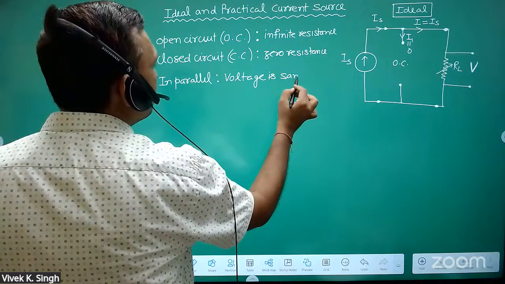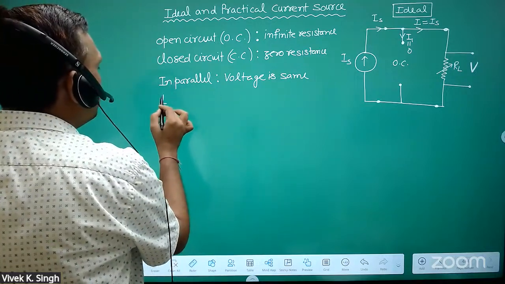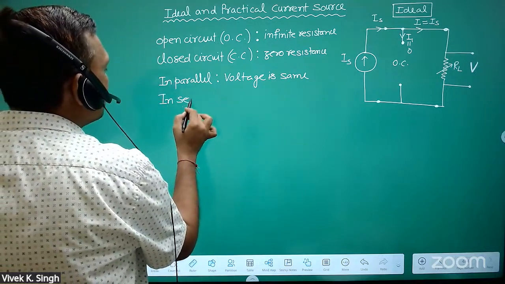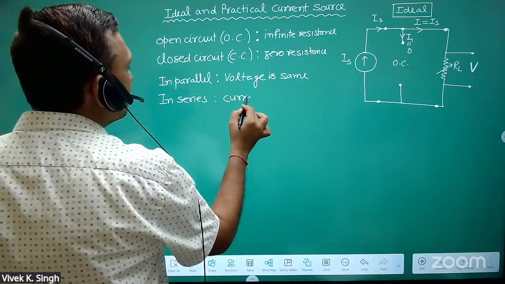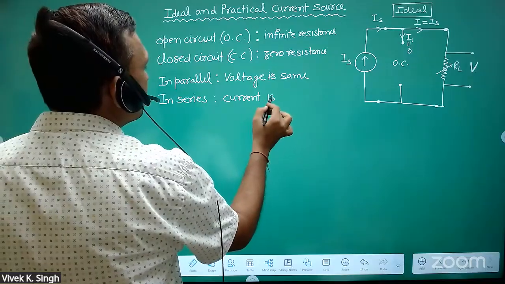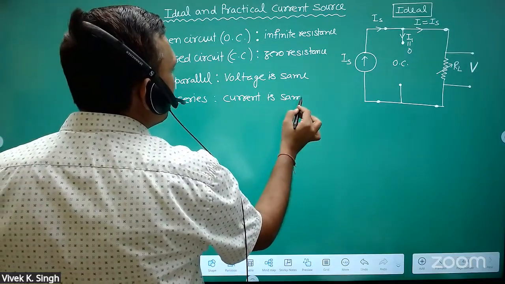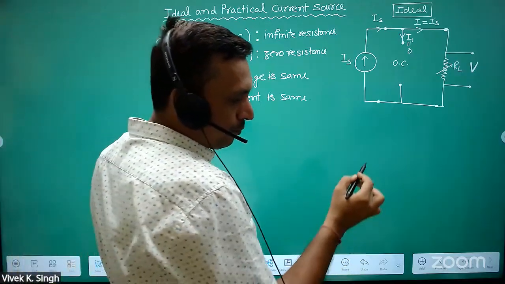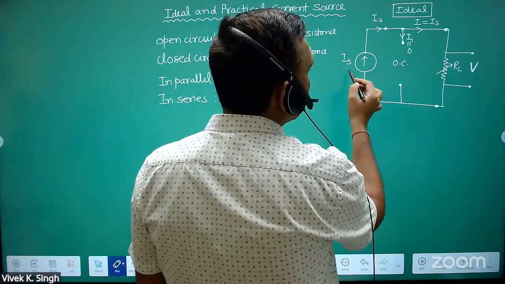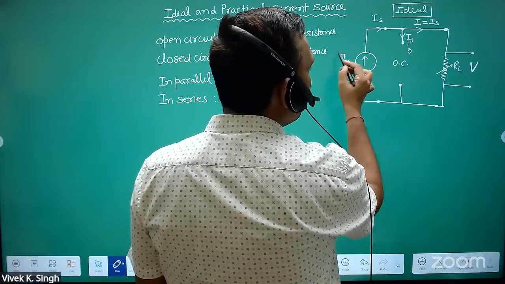Voltage is same. And in series, current is same. ठीक है? So it means this is the current.